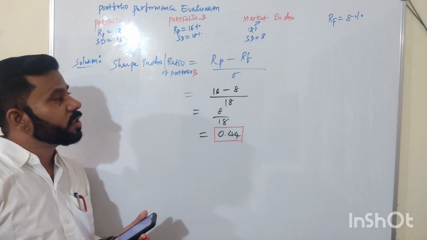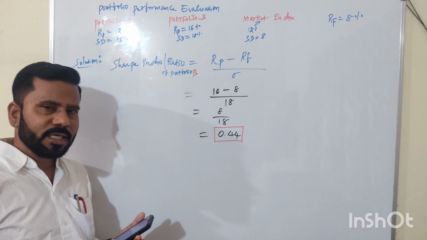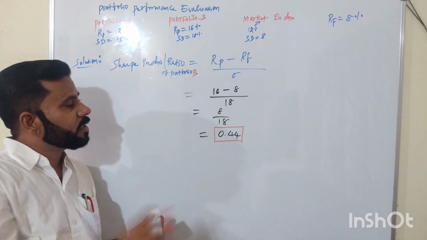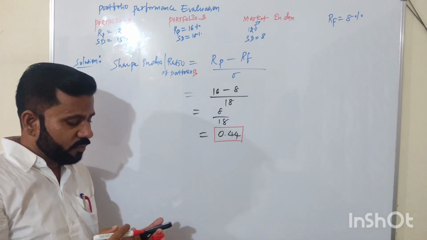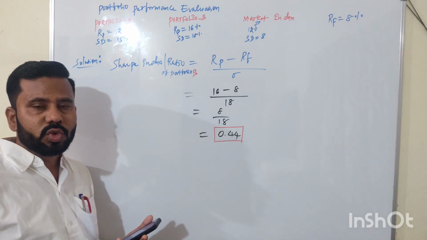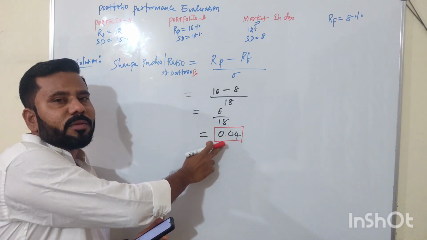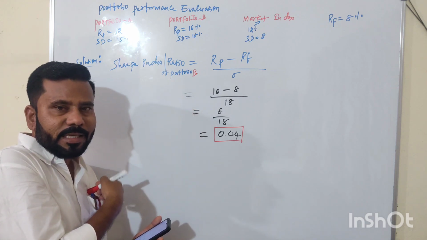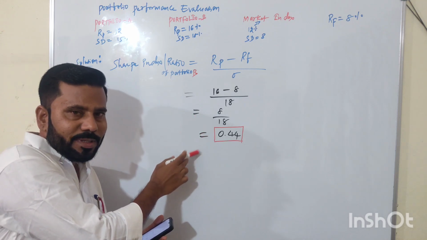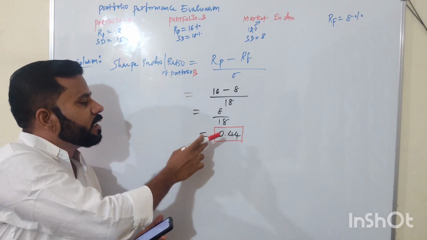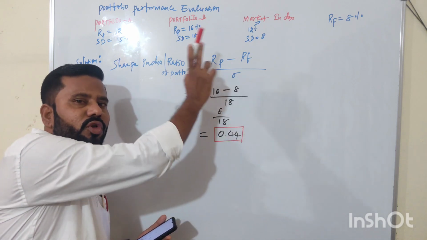Whether the Sharpe ratio of portfolio A is higher, or whether the Sharpe ratio of portfolio B is higher. The Sharpe ratio of portfolio B is higher when we compare between the two portfolios. So, which is the better performing portfolio? As per our analysis and the rule, we have to conclude that portfolio B is a better performing portfolio compared to portfolio A.